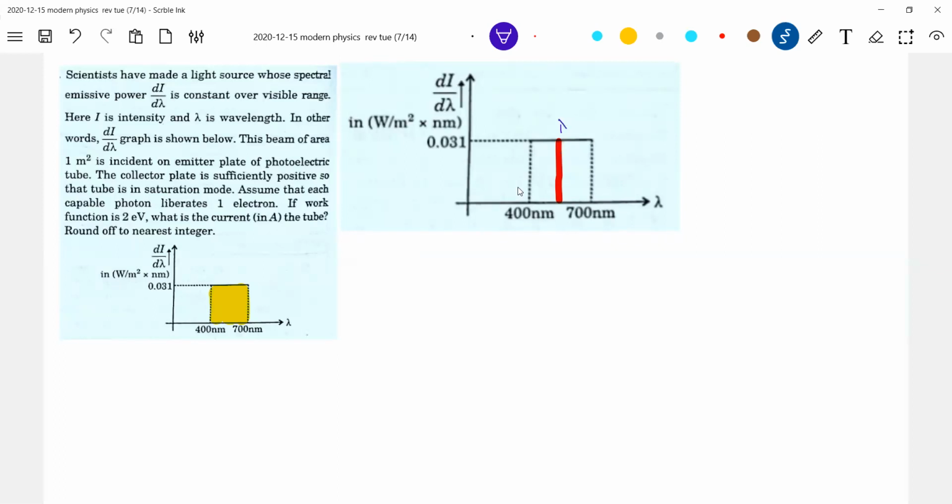So what is the expression for saturation current? Saturation current is again the same thing: power, that is intensity times area, divided by the energy of the photon. How to write the equation? This is very important.